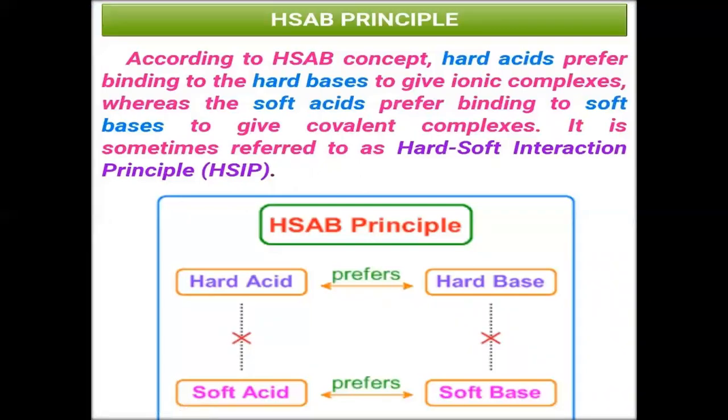As I have told you, according to the HSAB concept, hard acids prefer binding to the hard bases to give ionic complexes. Soft acids prefer binding to the soft bases to give covalent complexes. Sometimes it is referred to as the hard soft interaction principle. You can see here the HSAB principle.